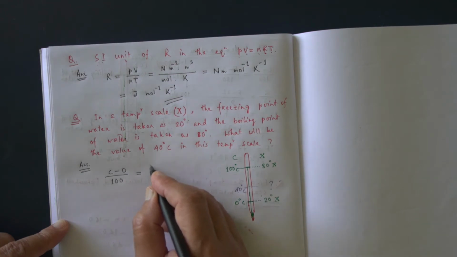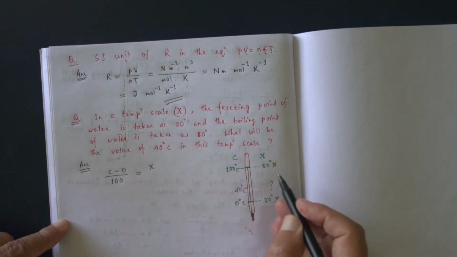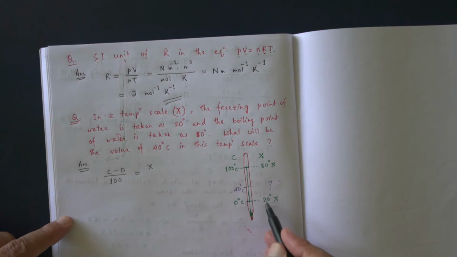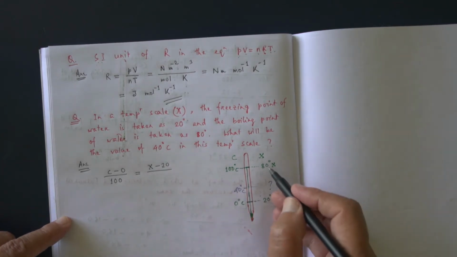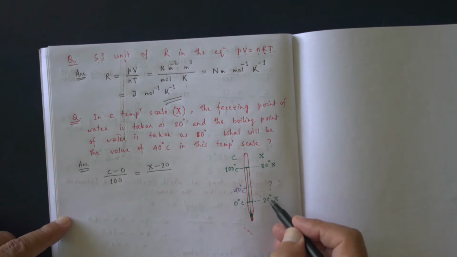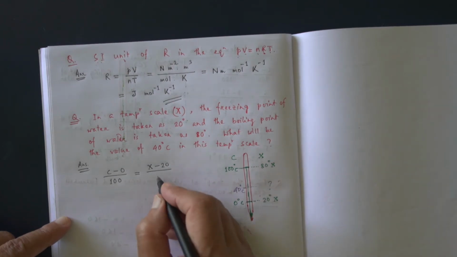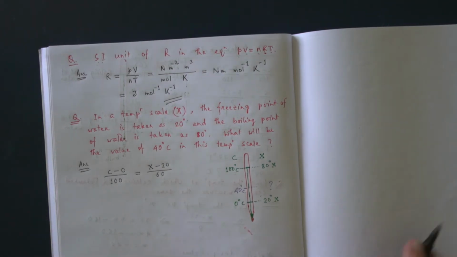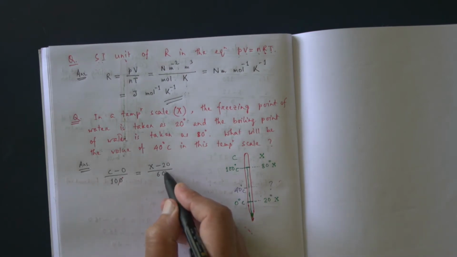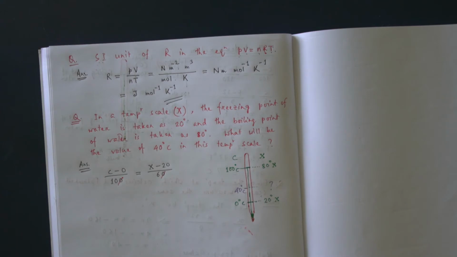This will be equal to X minus 20, and how many division? 80 minus 20, 60 division. So 60 division. So this is the relation. Okay. Now you can neglect this 0, this 0 you can neglect.